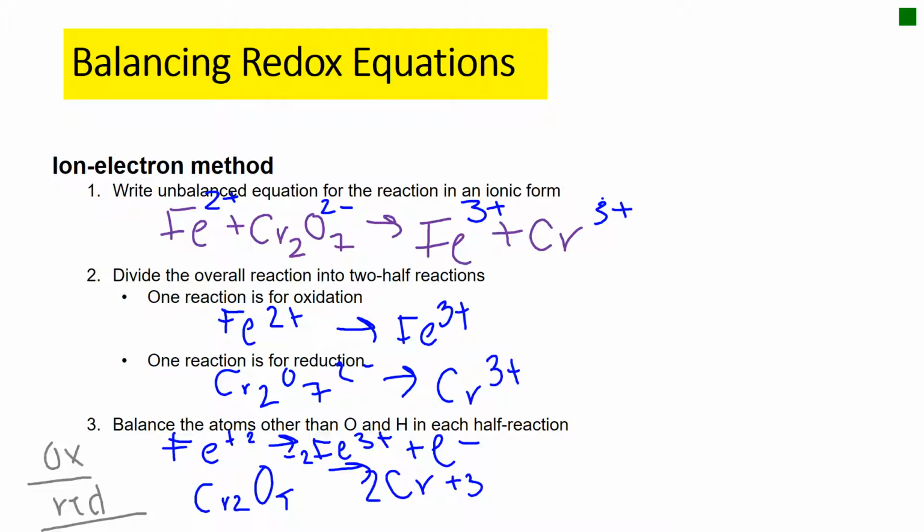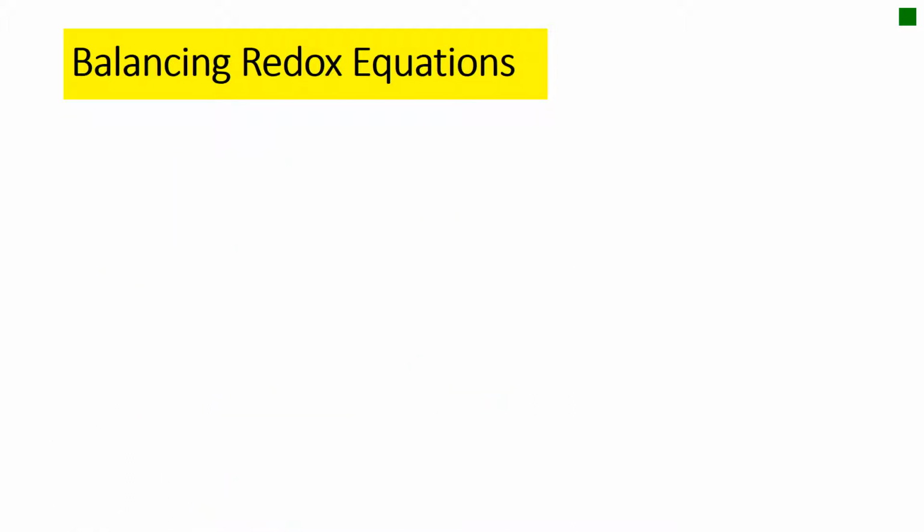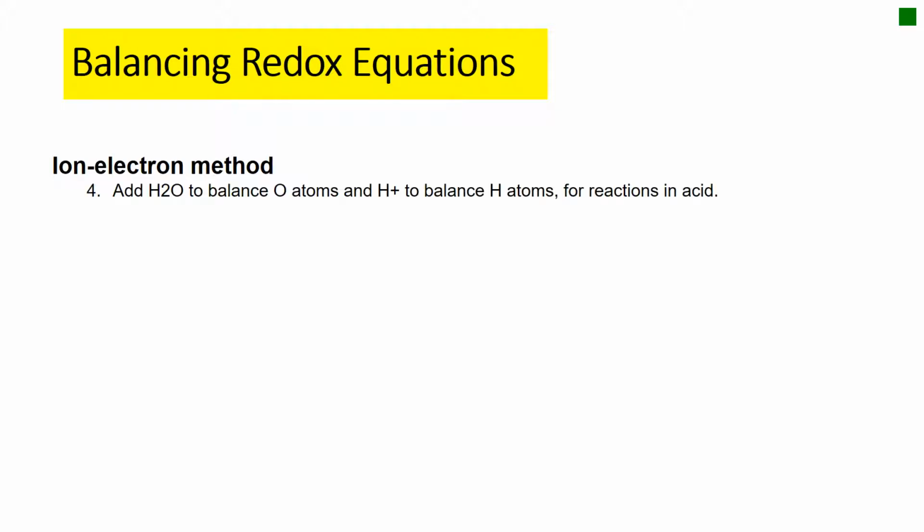Now we're going to go to our fourth step, which is to add water to balance out the oxygen atoms and add hydrogen ions to balance the H atoms for reactions in an acid. So that is going to look something like this.